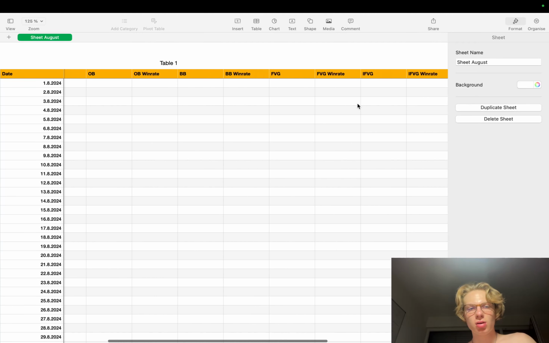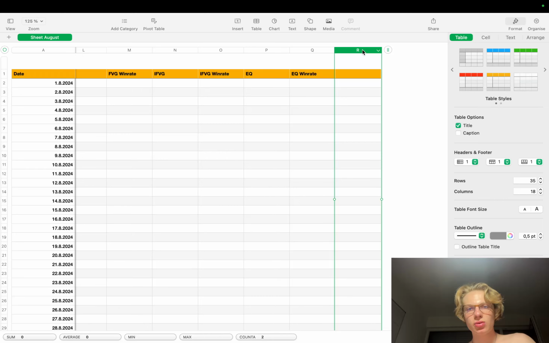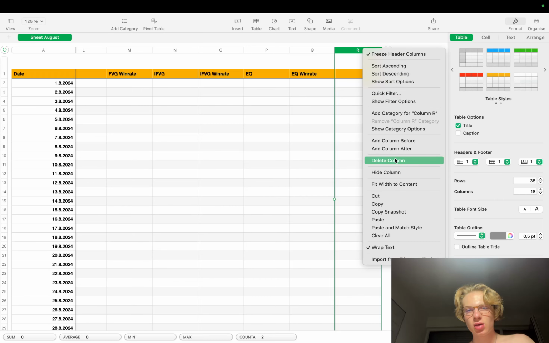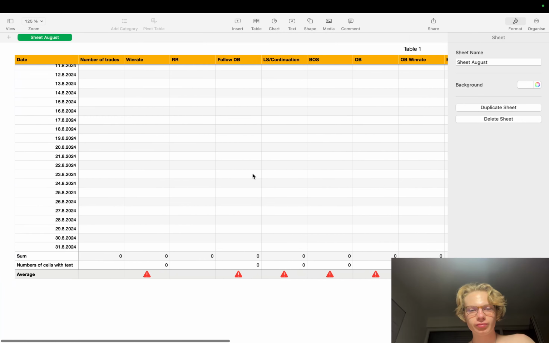That will all be automatically done for you. This is just everything I use, but as I said, if you need some more, you can just add one, and then Excel or Apple Numbers will just automatically fill in all of the terms. You don't need to do anything more.